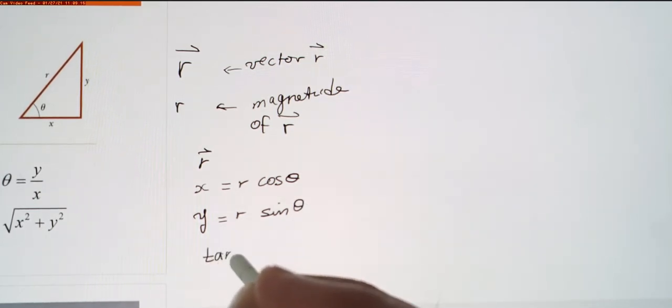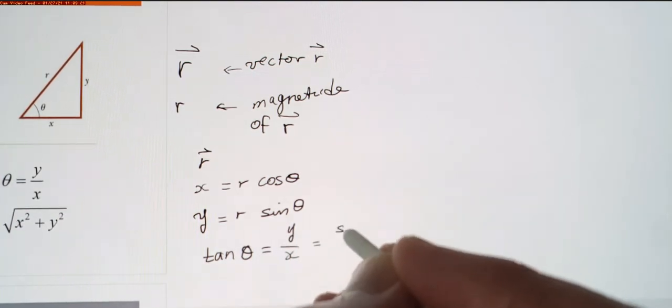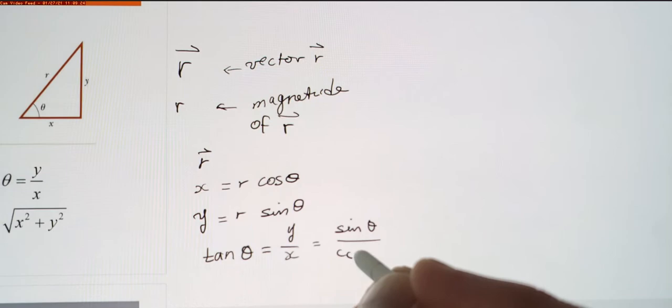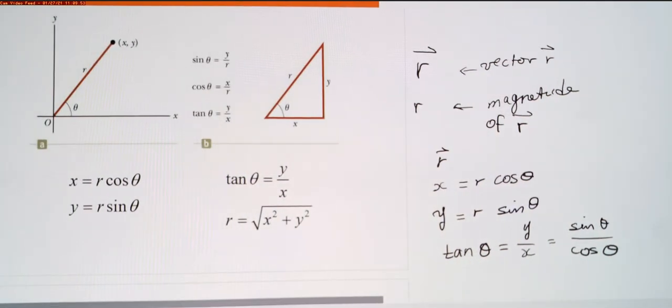And we know that tan theta must equal y over x, which is sine theta over cosine theta. These three lines, you should know them as your name, and no hesitation in the exam, because the exam sometimes is confusing, so you don't need to confuse yourself more than that. So make sure you know them very well.